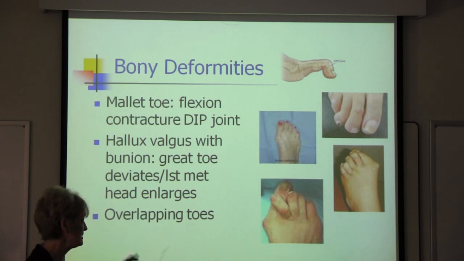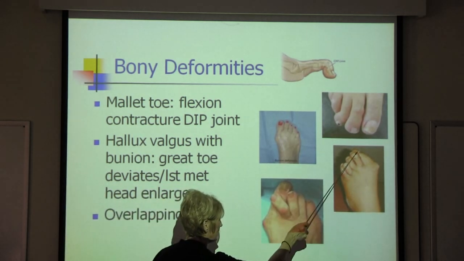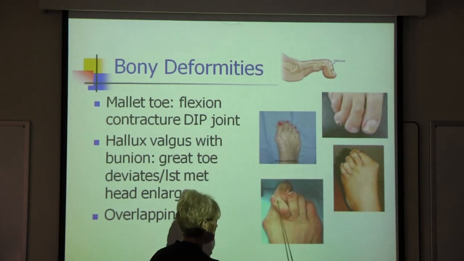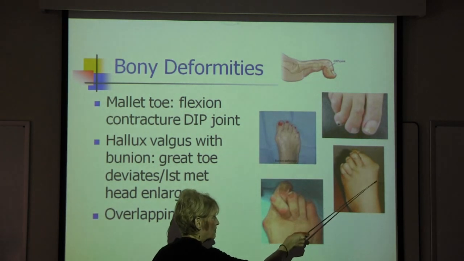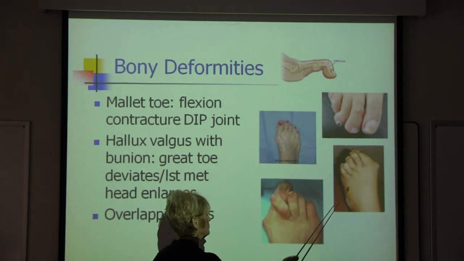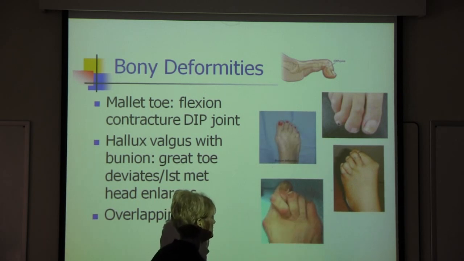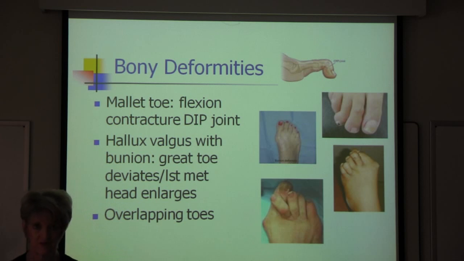Why don't I just show you on the slide since that's much easier. So here's hallux valgus. You can see deviation away from the midline, increased prominence of that first metatarsophalangeal joint, the bunion bone. So a very common bony deformity, hallux valgus. Great toe deviates, the first metatarsal head enlarges.